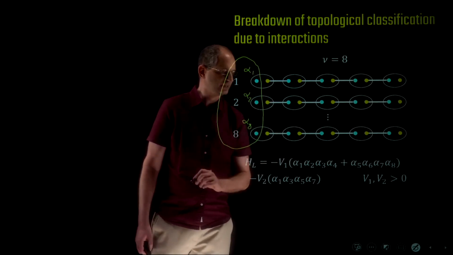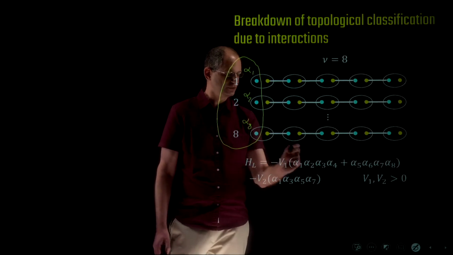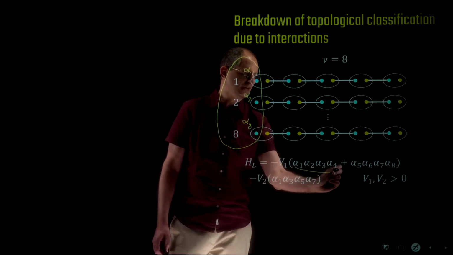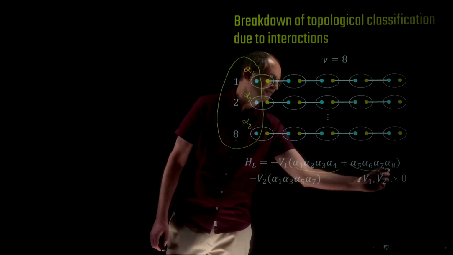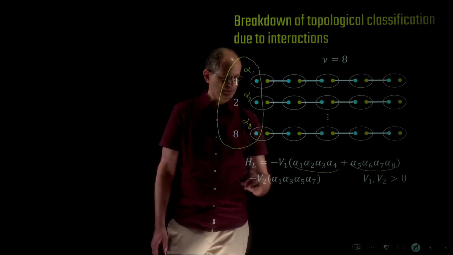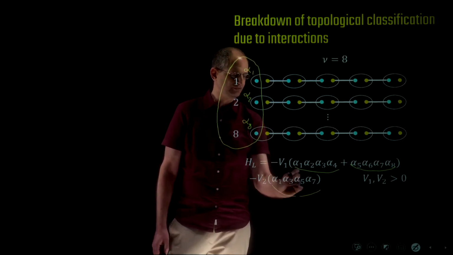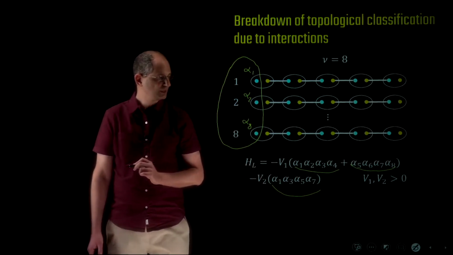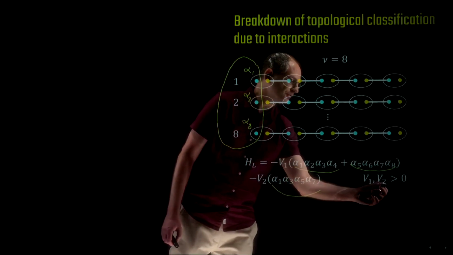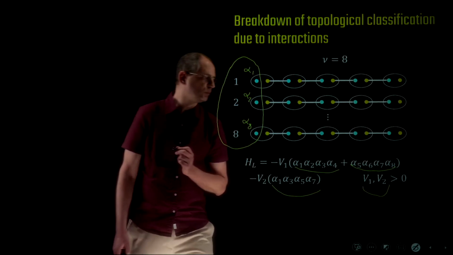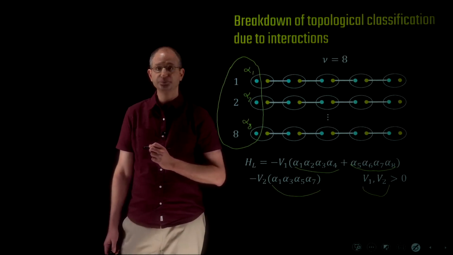So here's the Hamiltonian. It has 3 terms overall: minus V1 times alpha 1 through alpha 4, and alpha 5 through alpha 8. And there's a third term, which involves all the odd alphas, alpha 1, alpha 3, alpha 5, alpha 7. Okay, and let's choose both of these parameters in the Hamiltonian, V1 and V2, to be positive.